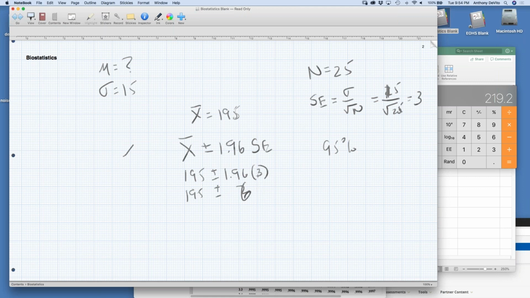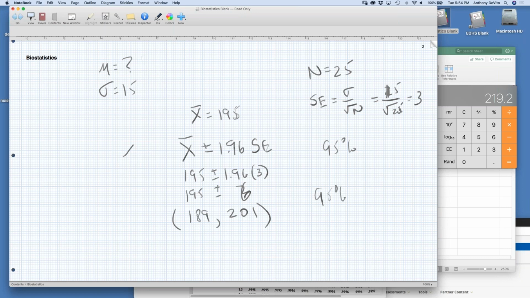So my confidence interval is going to be 6 subtracted, 189, and 6 added to that, 201. So I am 95% confident that the true mean lies between 189 and 201.